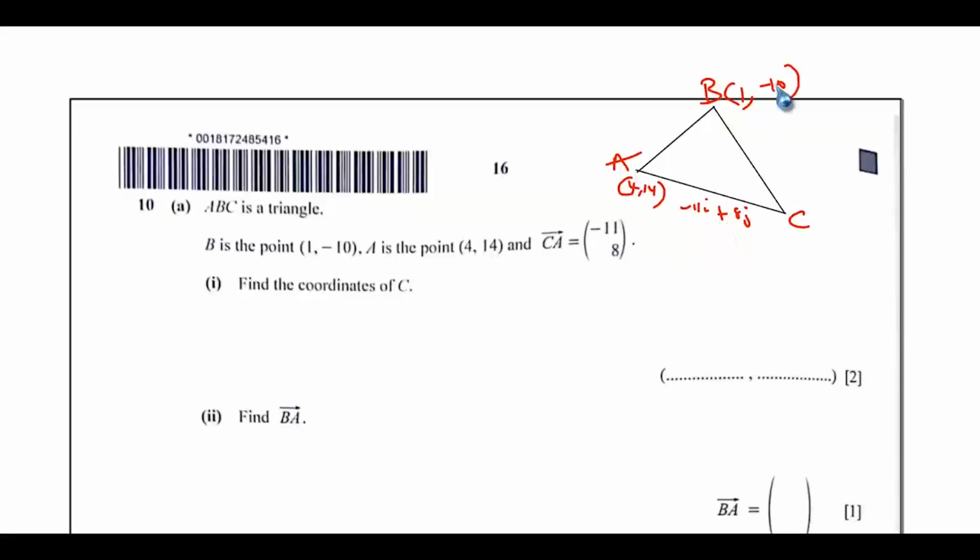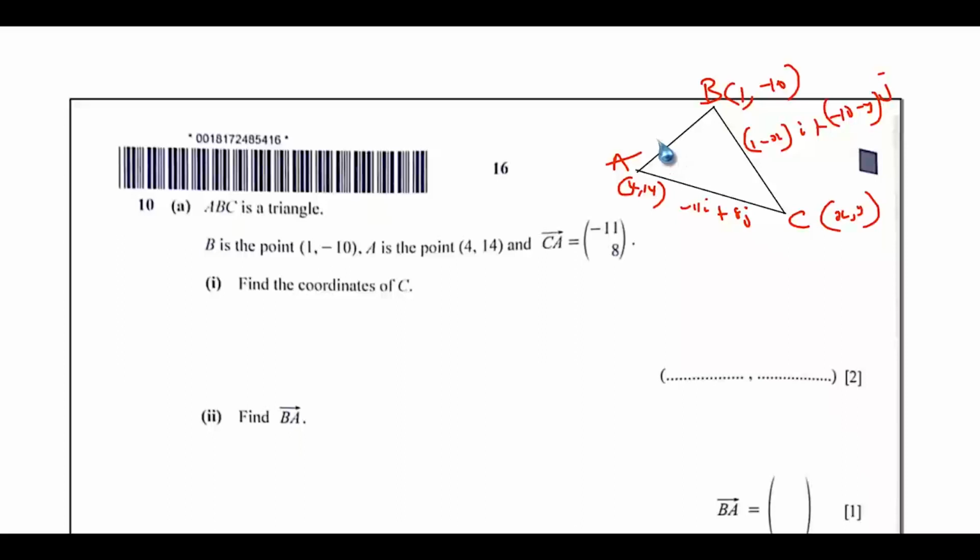Then for BC, we don't know the coordinates of C, so let's put (x, y). In this case, CB will be equal to (1 minus x)i plus (negative 10 minus y)j.